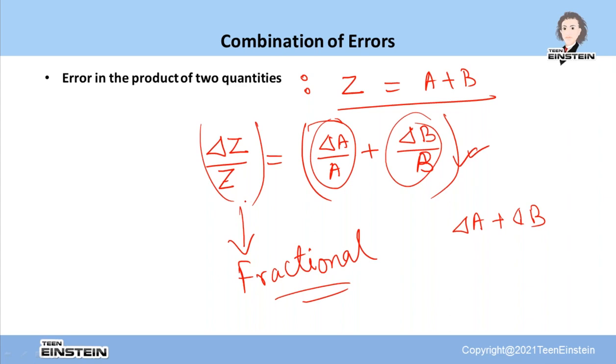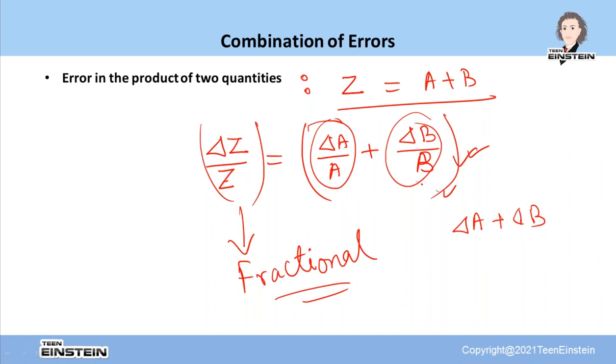That is the actual way. So the maximum fractional error in the product of two quantities will always be equal to the sum of the fractional errors in the individual quantities, which I have written here. I hope it is okay for you.